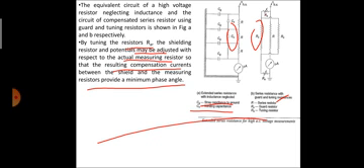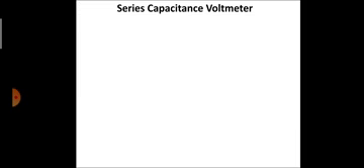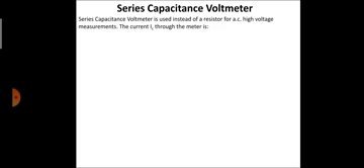So this is all about the series impedance voltmeters. Similar to series impedance voltmeters, we have series capacitance voltmeters also. To avoid the drawbacks pointed out in series impedance voltmeters, a series capacitance voltmeter is used, where a series capacitor is used instead of a resistor for AC high voltage measurements.